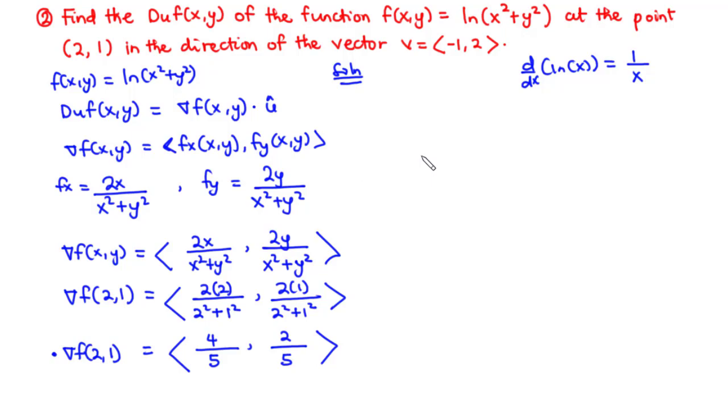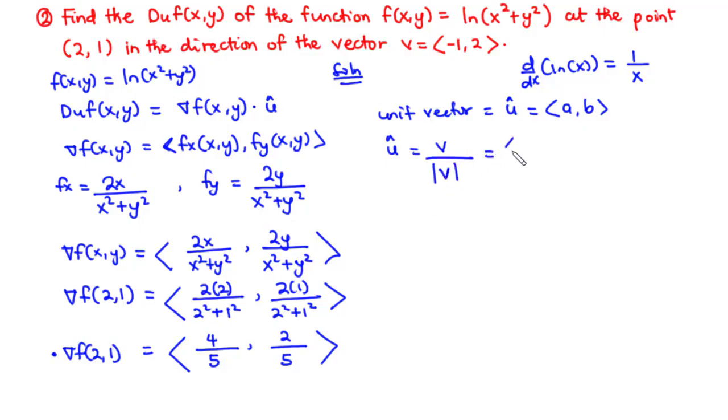Now the next thing is we are going to find the unit vector. First of all, we are going to denote the unit vector as u cap, and that is equal to (a, b). So we have the unit vector to be equal to the direction vector divided by its magnitude.